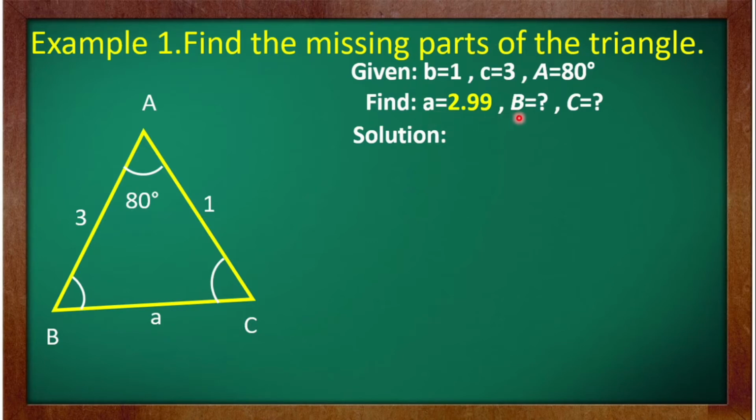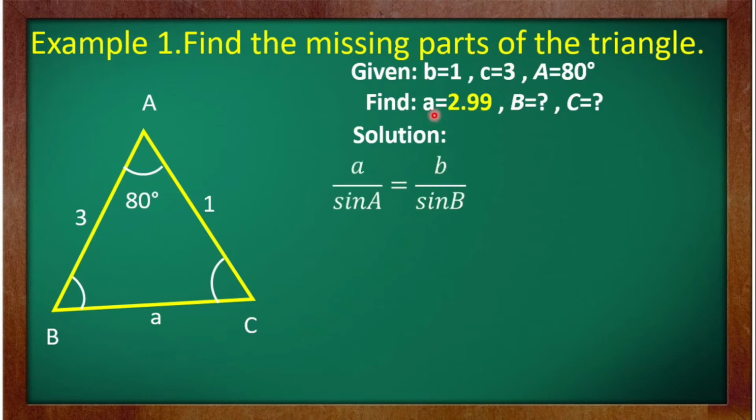Let's now find angle B. Since may value na tayong side A and may angle tayo dito na A, meron na siyang kaparehas. And may given tayo na B, so we can find this angle B by using law of sine. So gagamitan na natin siya ng law of sine.